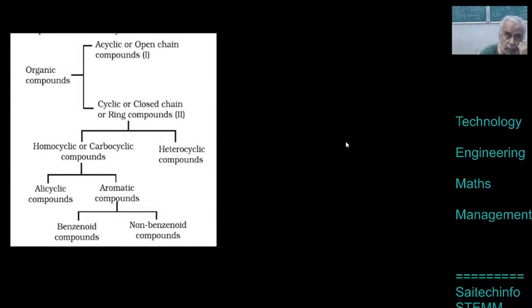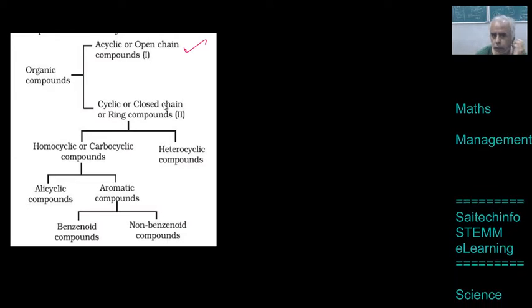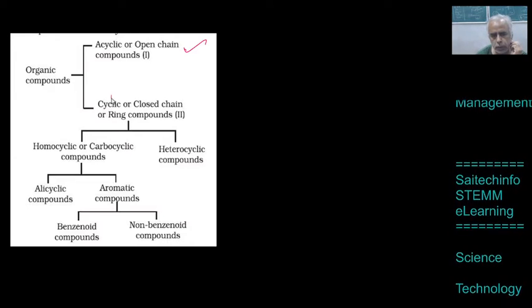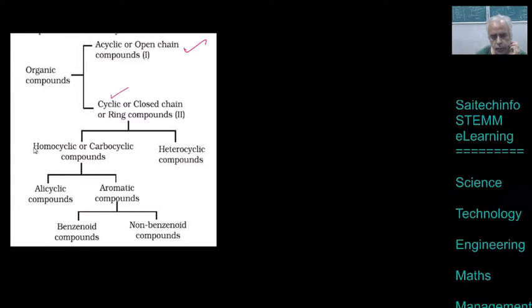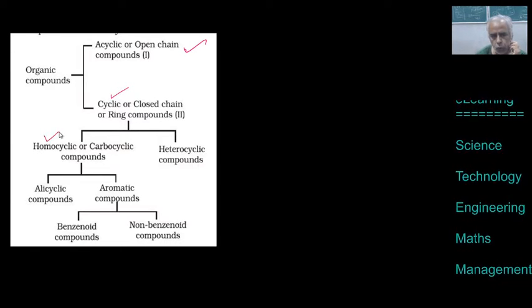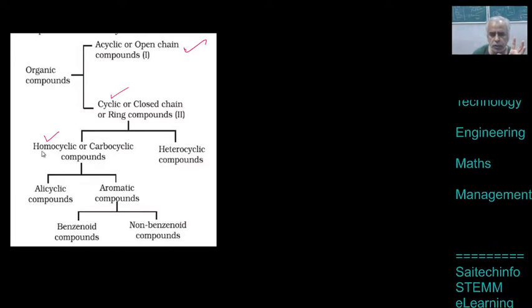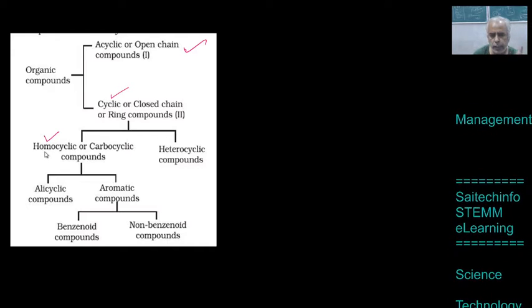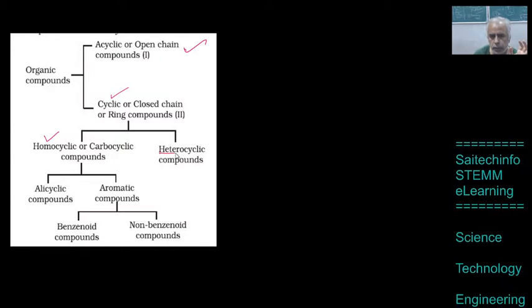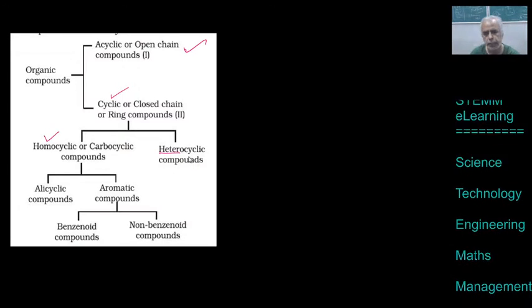One is acyclic, that we have already discussed, open chain. The other is closed, that is called cyclic or ring compounds. So these ring compounds can further be classified into homocyclic, that is carbocyclic. Homo means that the cyclic structure consists of the same type of atom, in this case only carbon, whereas hetero means a different atom is present in the carbon ring.